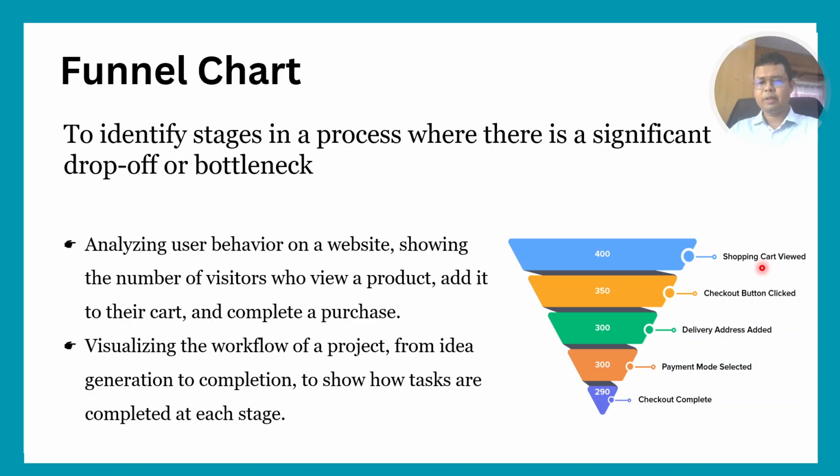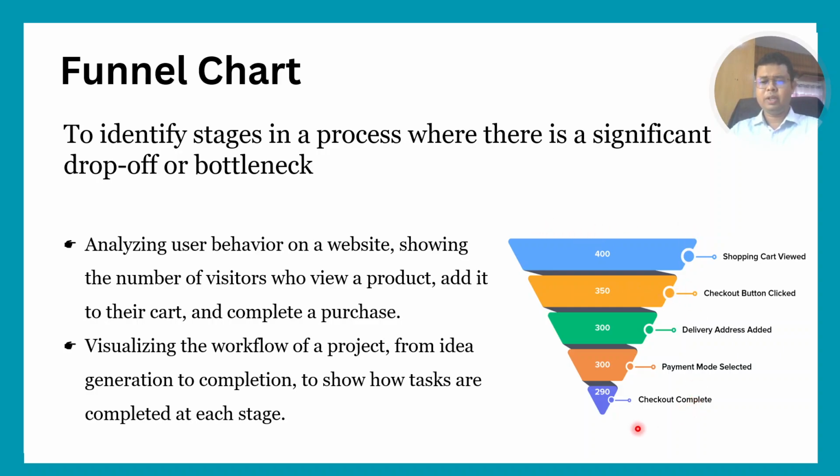So these are the 5 stages: 1, 2, 3, 4, 5. So within these stages, you can identify in which stage you dropped the customers, right? So you can identify the reasons why the customers didn't complete the checkout, and you can take necessary action in future, right?